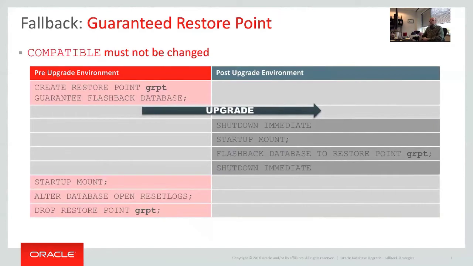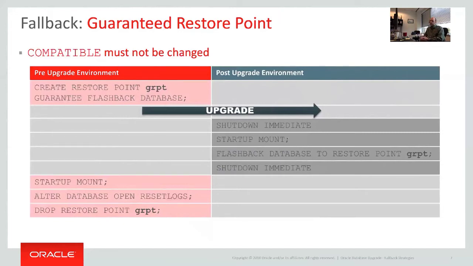And then if you find that you don't like the new situation, maybe the optimizer isn't treating your query plans well, or something isn't working even though you've tested it, you shut down immediate, start up in mount mode, and flash back to that restore point. In my experience, flashing back an upgrade takes just a few minutes. Even for an upgrade that may have taken 45 minutes or an hour to run, you may flash back in as little as, say, 3 to 5 minutes. And then you start up in mount mode, open resetlogs, and then after you open the database again, you would drop that guaranteed restore point.